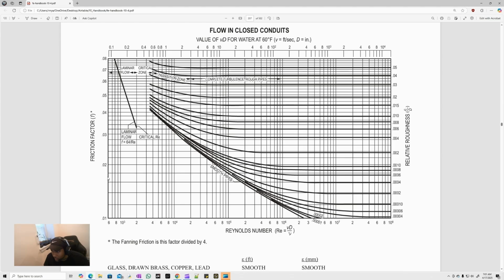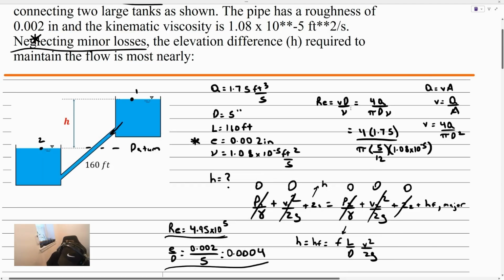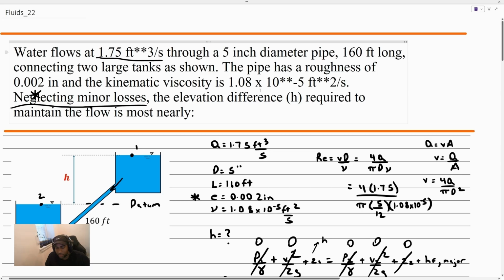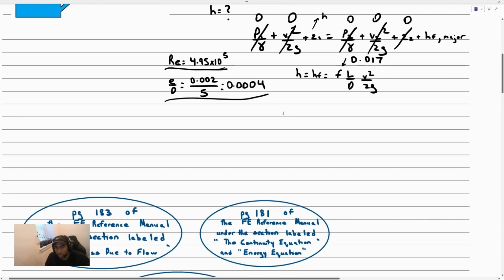So it looks like we're around here. Each of these little lines looks like 2, so this is 10, 12, 14, 16, 18, 20. We're right around here between 16 and 18. I'll call it 17. So our friction factor f is 0.017.